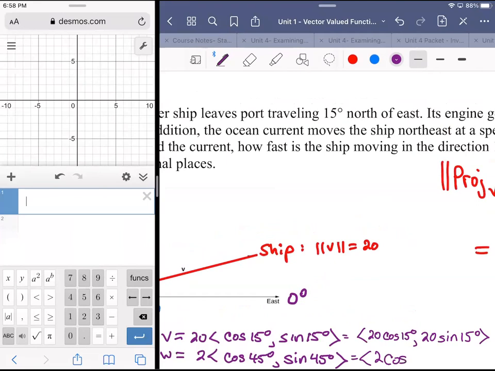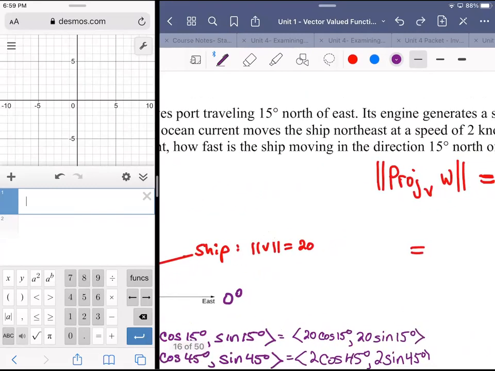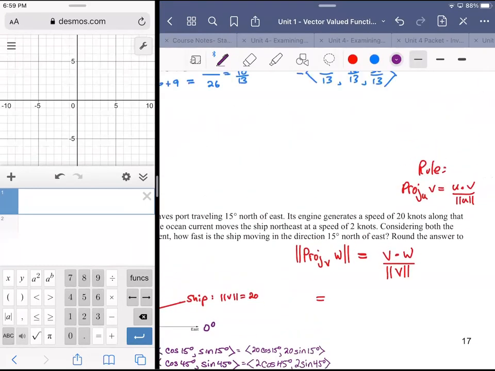Two cosine 45 degrees, 2 sine 45 degrees. Yeah, like I said, just so I don't skip too many steps.